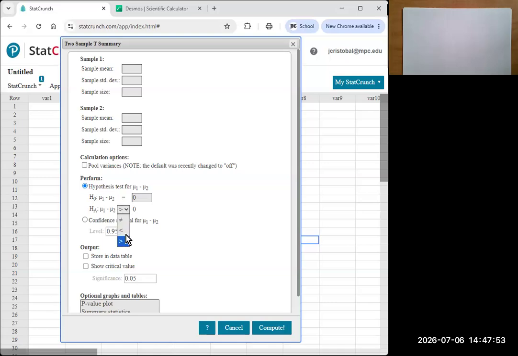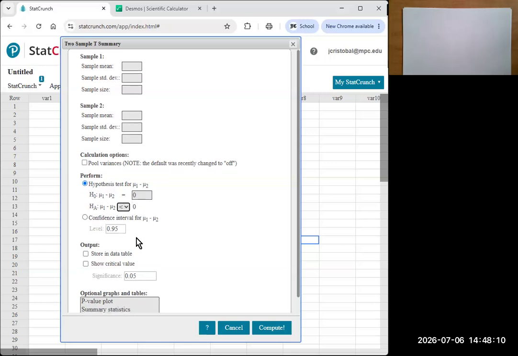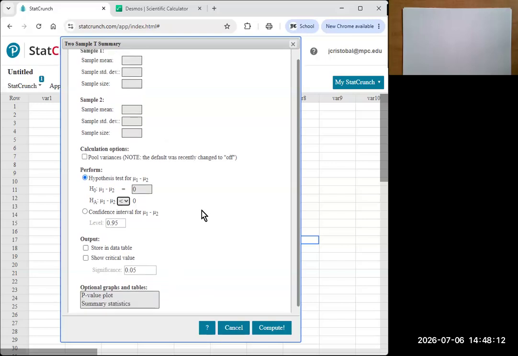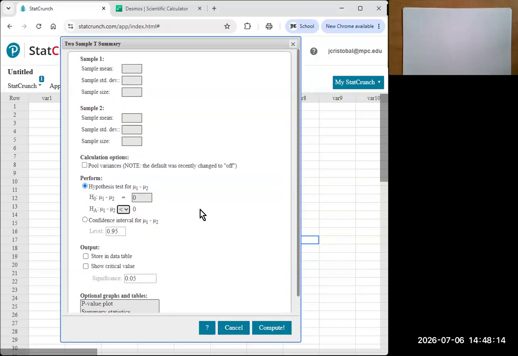Or if we think mu1 is smaller than mu2, population 1's mean is smaller than population 2's mean, then we have that less than 0. You can also do a confidence interval calculation similar to what we did before for one population, and similar business there. So I'm going to leave that with the discussion because those actions are very similar on how we deal with two populations.